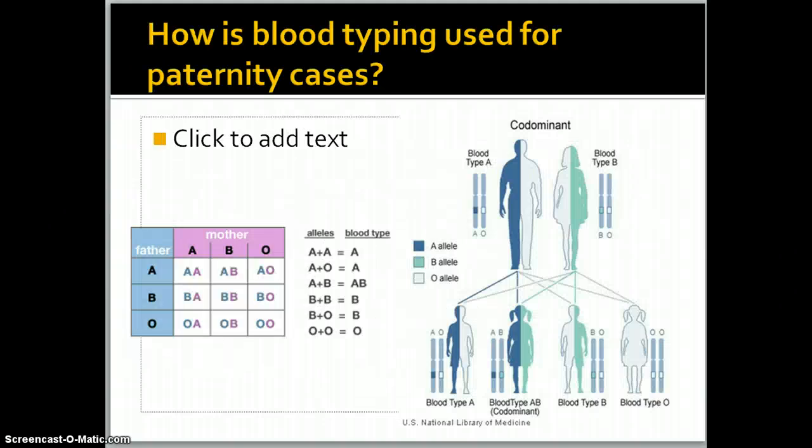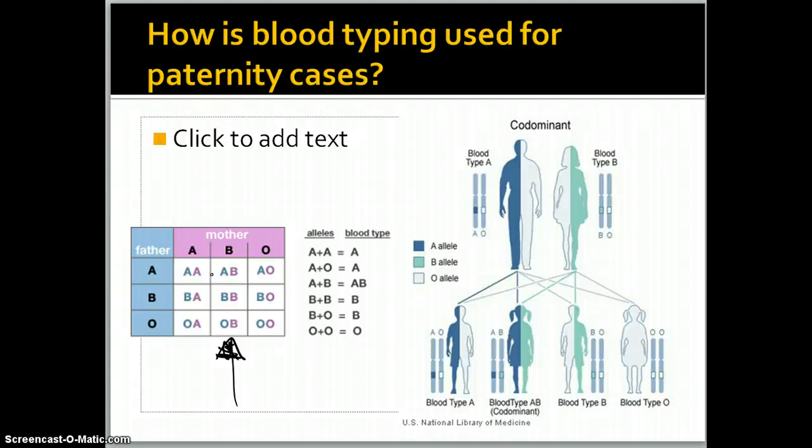So blood typing can be used for paternity cases. If you can see right here in this table, here are all the possibilities. So if you cross a mother with type A with a father with type A, you can see possibly what children they would produce from that cross.